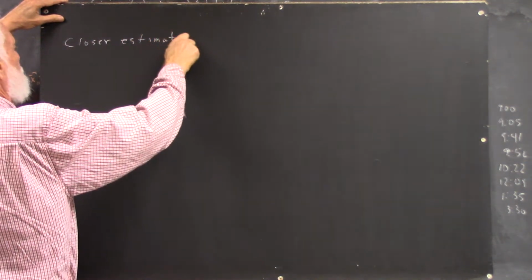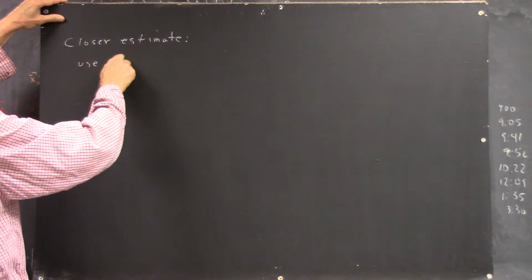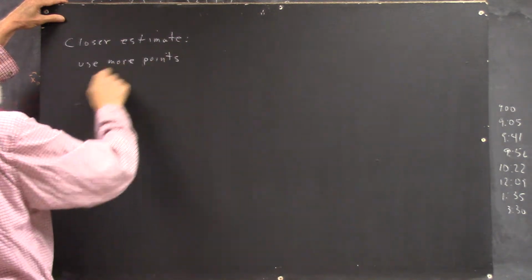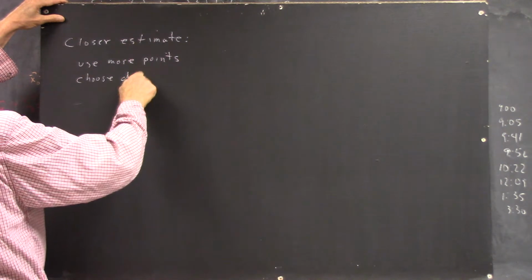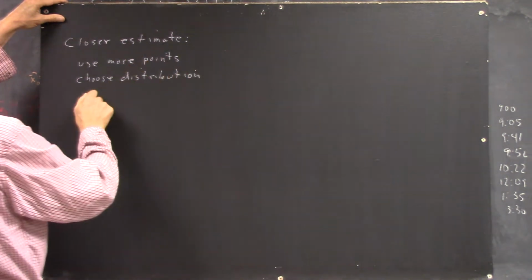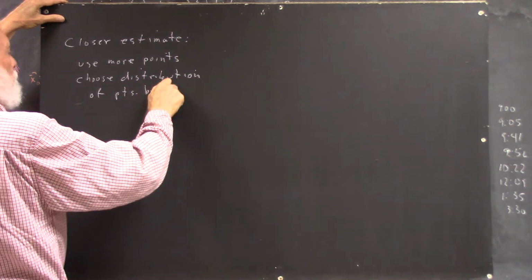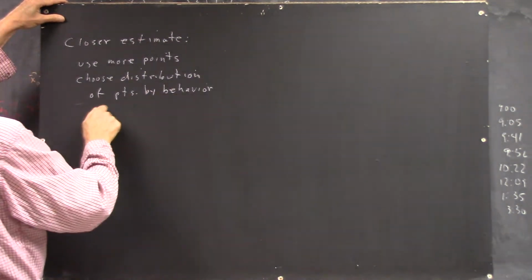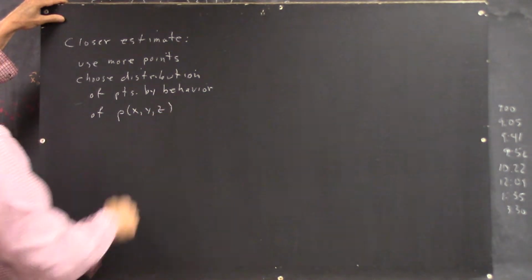Closer estimate. We could choose the distribution of points by the behavior of rho of x, y, z.